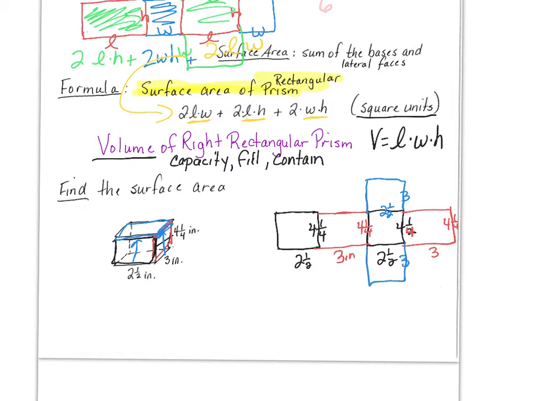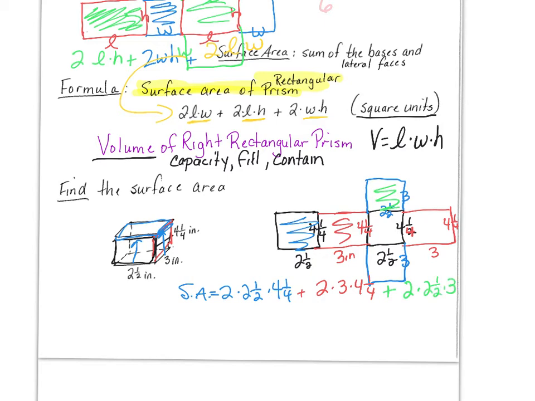So to find the surface area, we're going to take 2 of them, 2 times 2 1/2 times 4 1/4, plus 2 of them that are 3 times 4 1/4, plus 2 of them that are 2 1/2 by 3. If they let you use a calculator, change these to decimals.